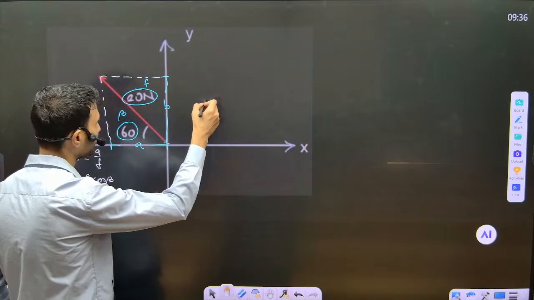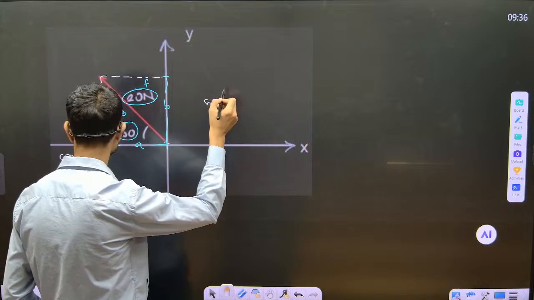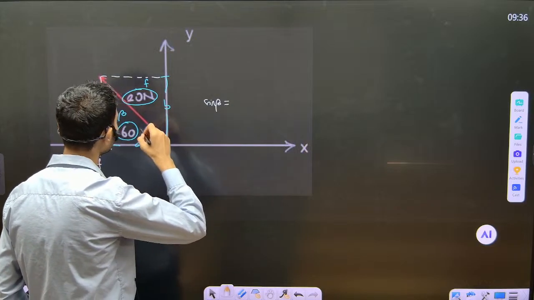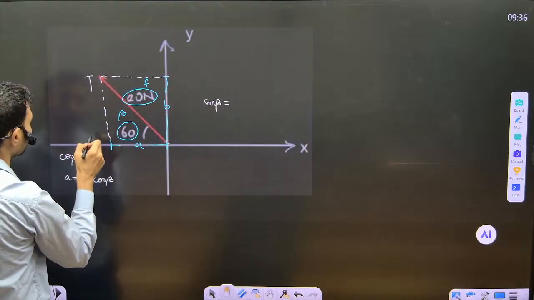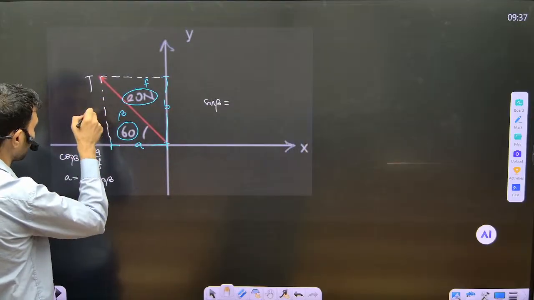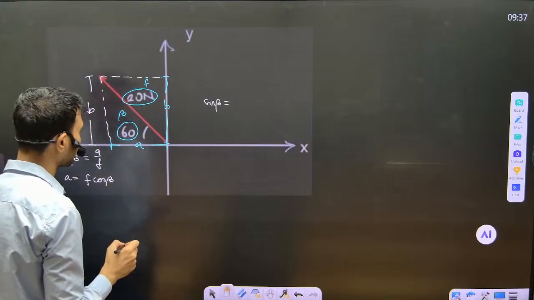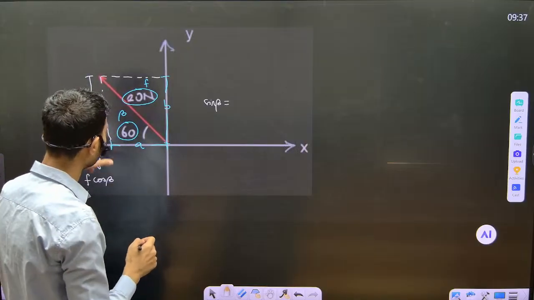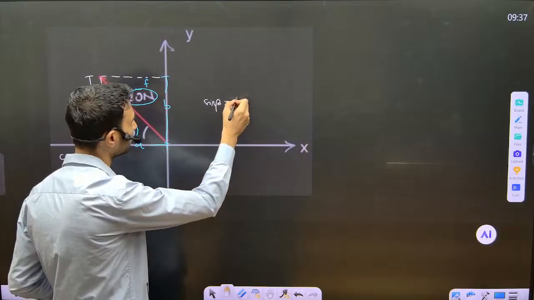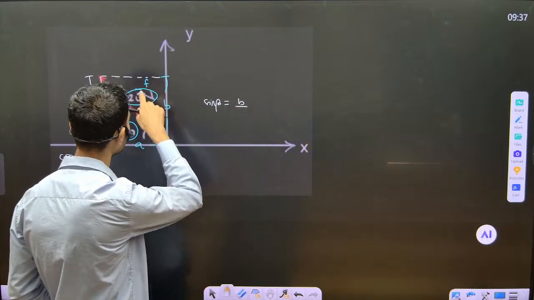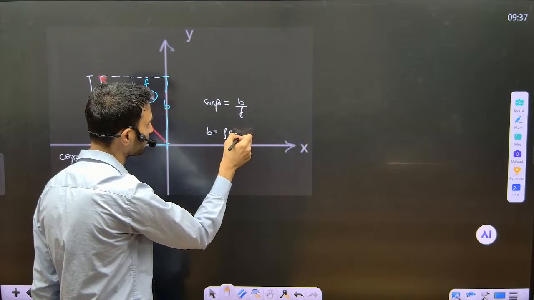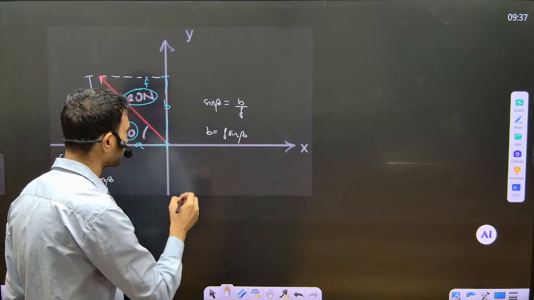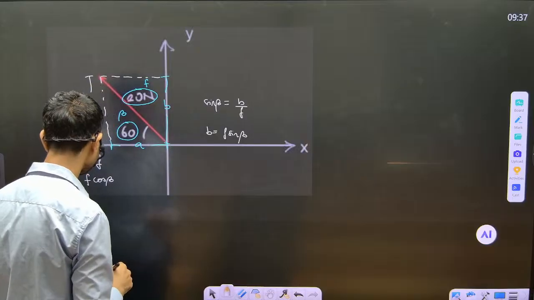Similarly, if you write sin beta, it is what? Okay, if this is B, how much is this? That's also B. So sin beta can be written as what? Perpendicular by hypotenuse means B by F. So B comes out to be F sin beta.